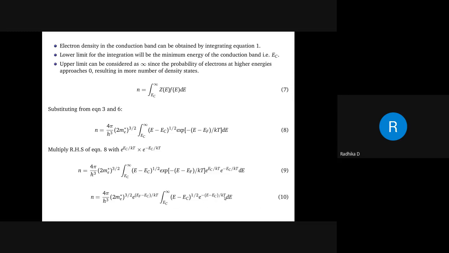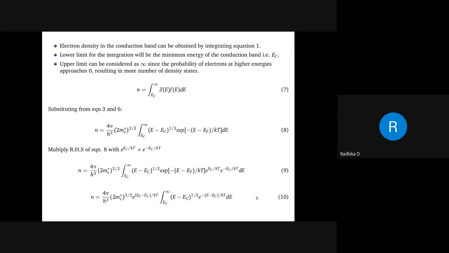What was the benefit of doing this? Now I have got an integral in terms of E minus Ec, with (E minus Ec) to the power of half, exponential minus of (E minus Ec) by kT, right? Now next step, let me try to solve this particular integral.